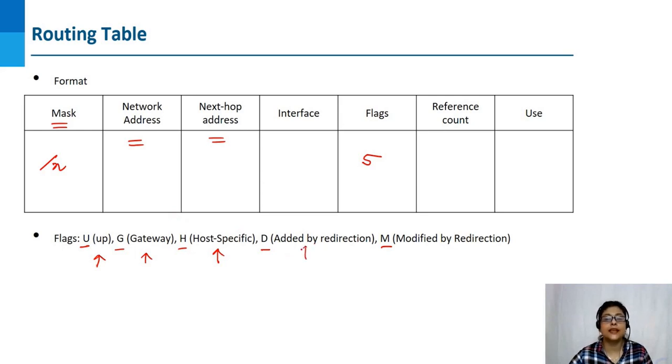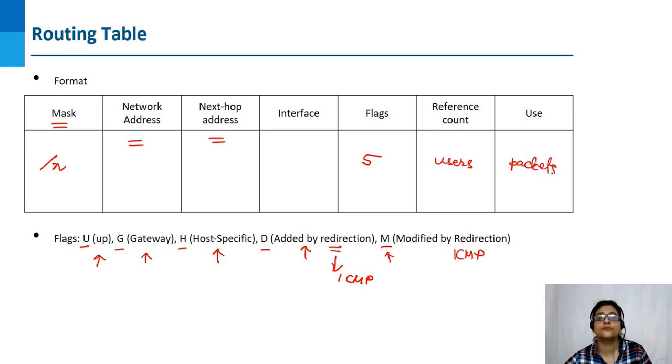If the D flag is set, it means that the entry has been added to the router by redirection through ICMP. If the M flag is set, it means that by redirection through ICMP, there has been a change in the data. Now there is a reference count, which indicates how many users there are. And there is a use field, which indicates how many packets have been transferred.